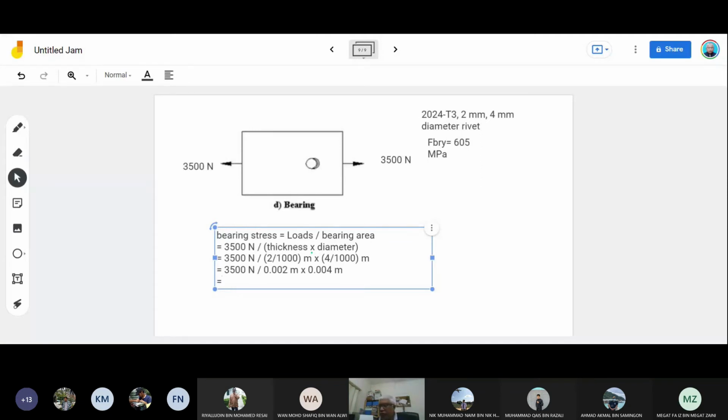So you got 437,500,000 Newton per meter square, which is 437.5 mega Pascal.